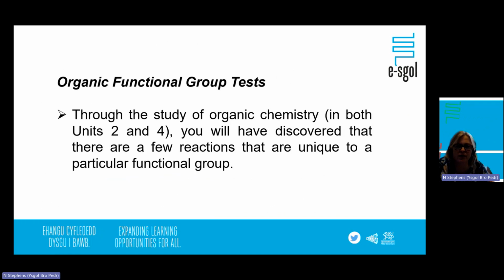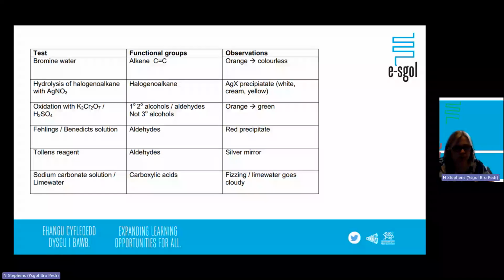Okay, so through your study of work in units 2 and 4, which were heavily organic, as you recall, you've already discovered that there are reactions, tests that are specifically used to identify functionality. So for example, building on GCSE, I suppose you know that bromine water is a test used to test for unsaturation, so it identifies alkenes.